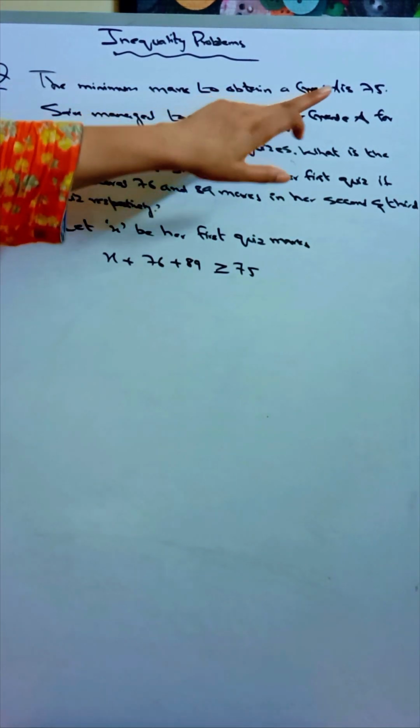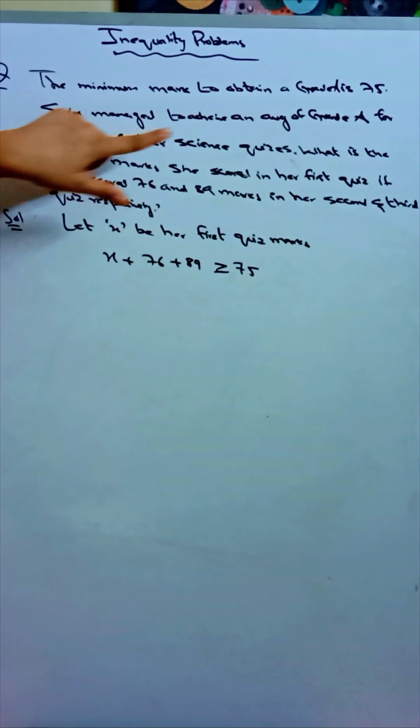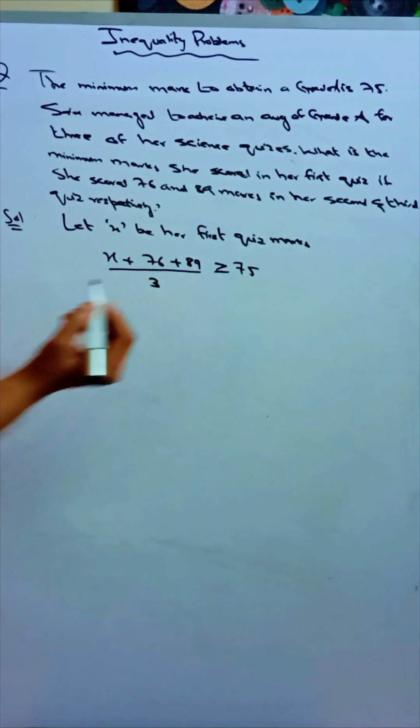But you also have to remember the minimum marks to obtain a grade A is 75, and they have given you Sarah managed to achieve an average of grade A. Whenever they write average, this must be average. Average means divided by 3.